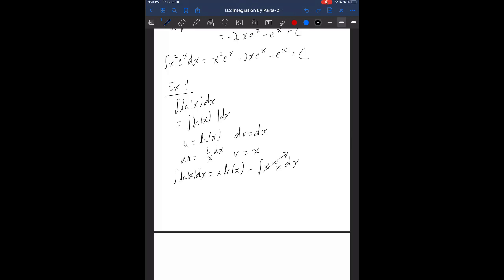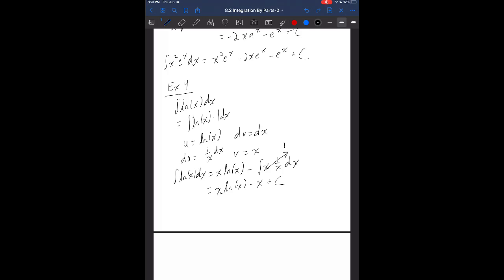Well, x times 1 over x is 1, so we're taking the integral of 1 now, which is just x. So this is x natural log of x minus x plus c.